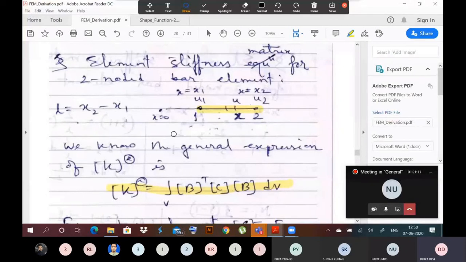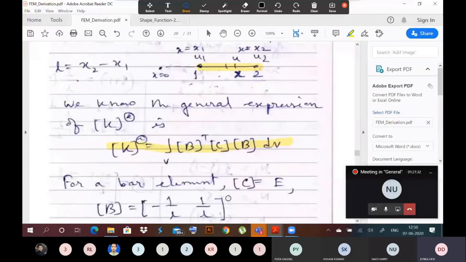So C will be simply equal to E for a one-dimensional element, because it has only one component of stress and strain.